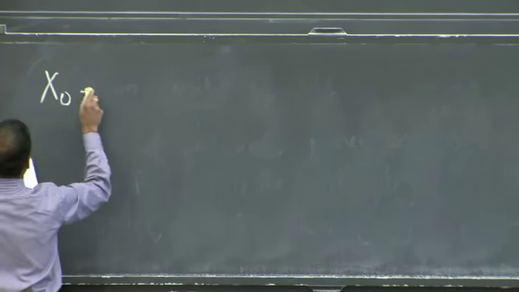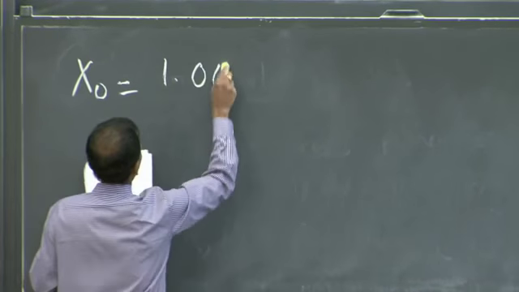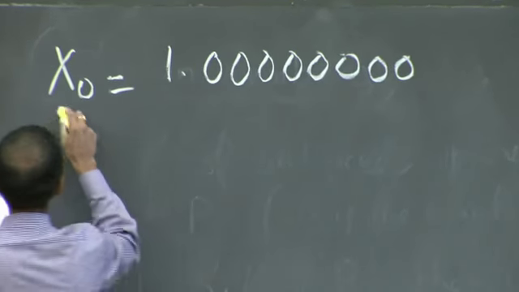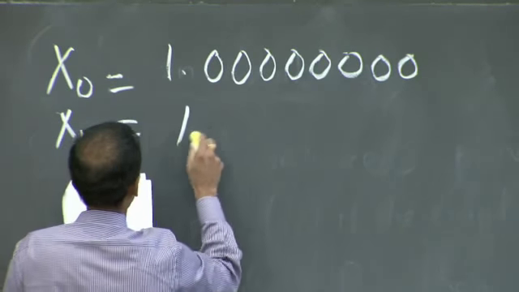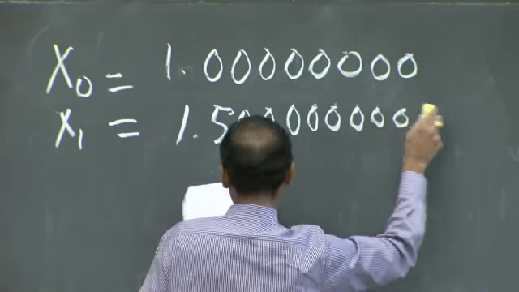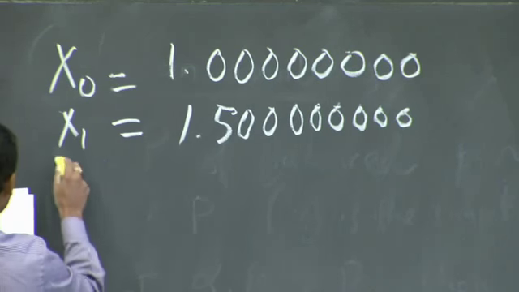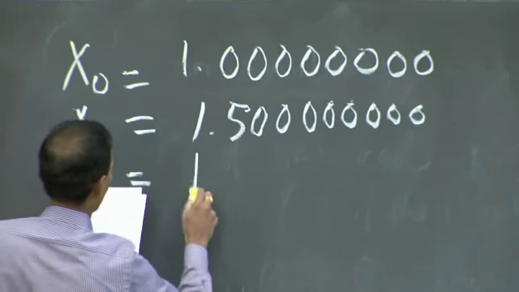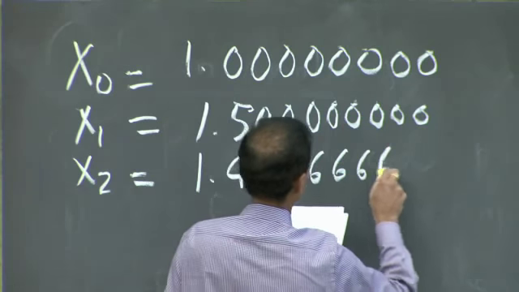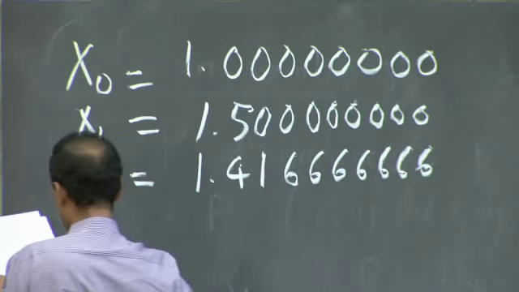You have x0, you start with x0 equals 1 with a bunch of zeros. X1 equals 1.5 with a bunch of zeros, etc. And then x2 equals 1.41666, etc. That goes on.